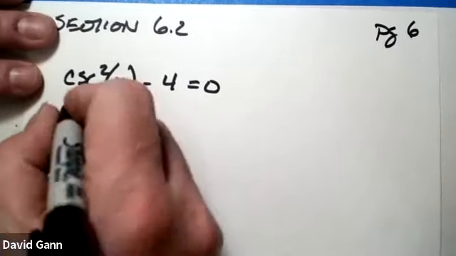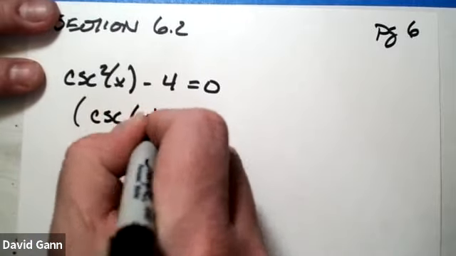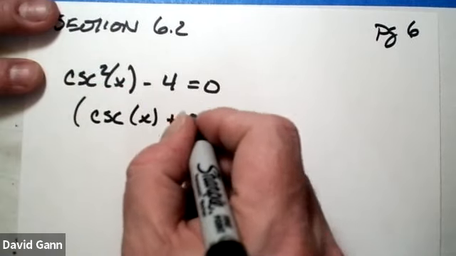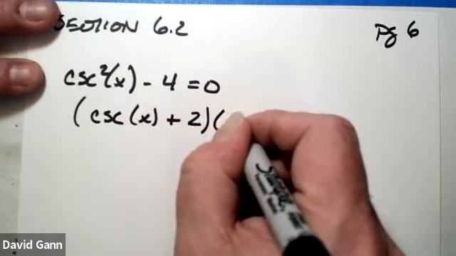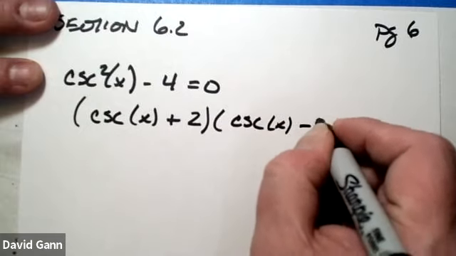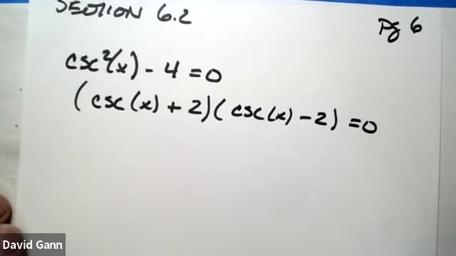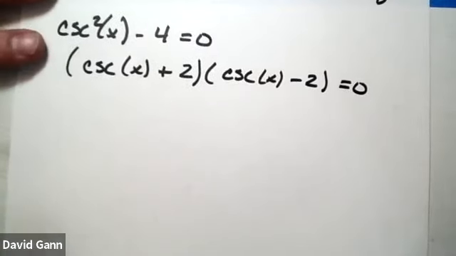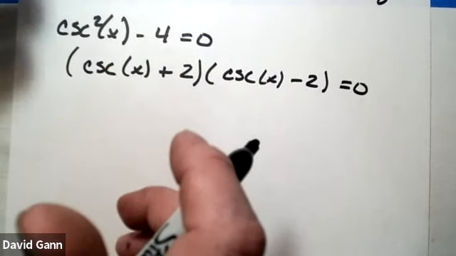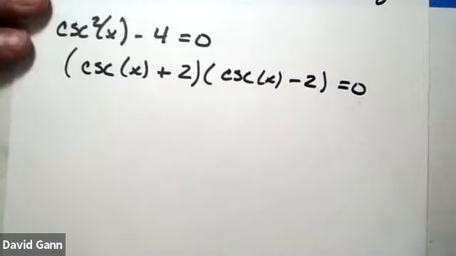So the factorization is the square root of the first thing plus the square root of the second thing, times the square root of the first thing minus the square root of the second thing. We don't work with cosecant a whole bunch. You could turn this into a sine problem, but there's no need to.